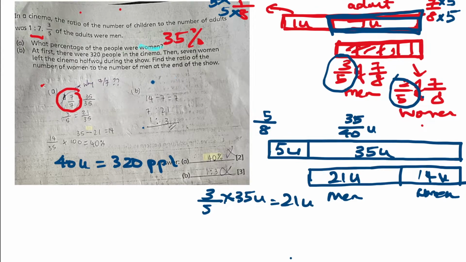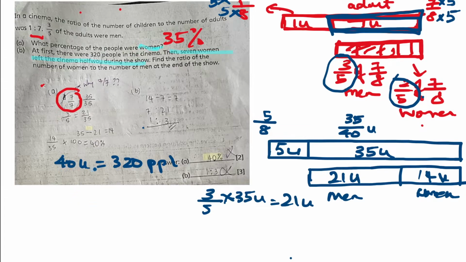Okay, then it says 7 women left the cinema halfway during the show. Okay, I want to highlight something here. 7 women left the cinema halfway during the show. 7 women, not 7 unit. So you have to find out how many women are there.